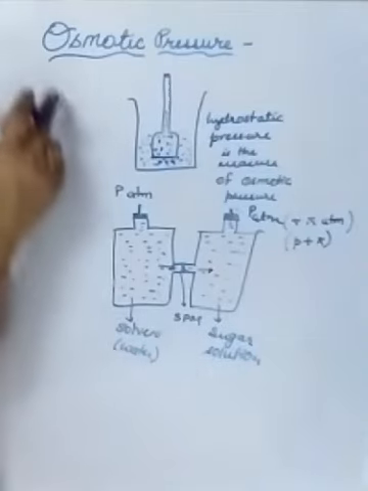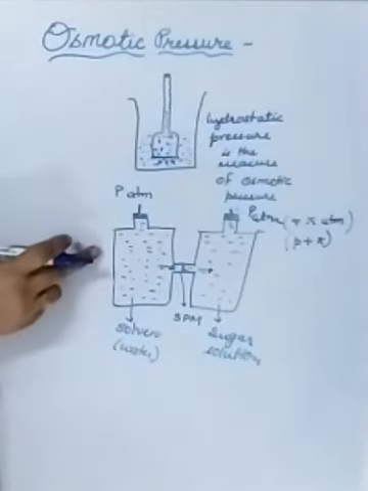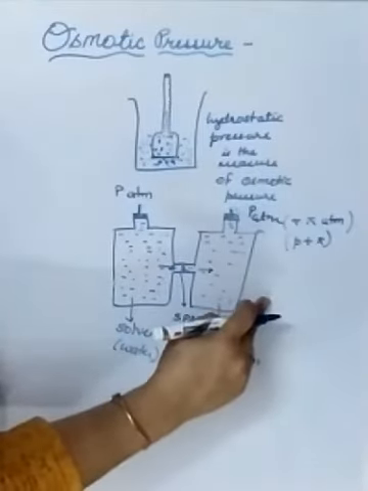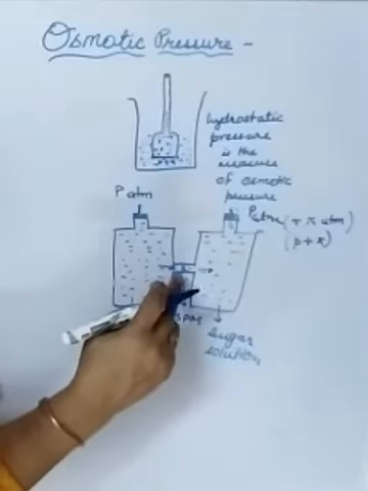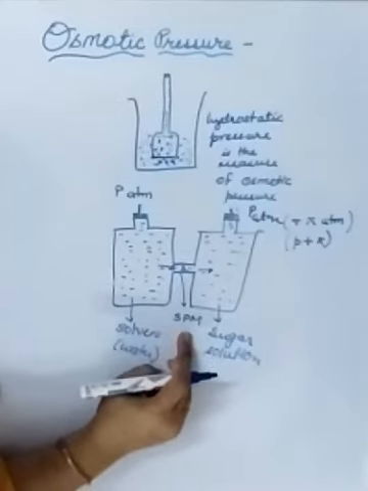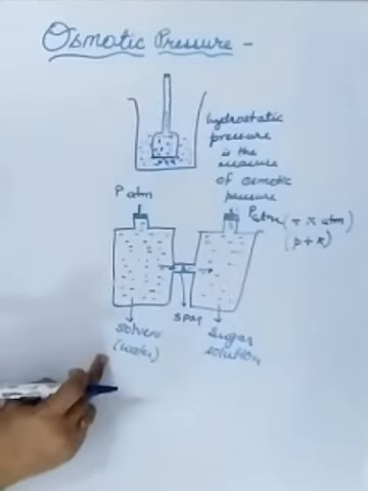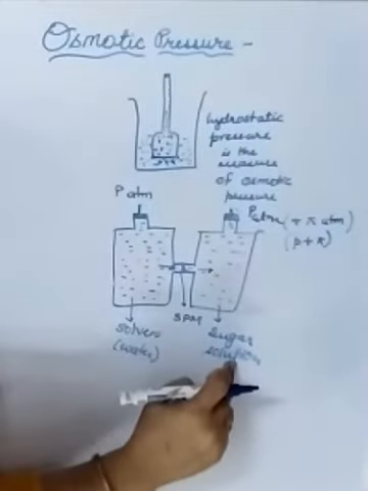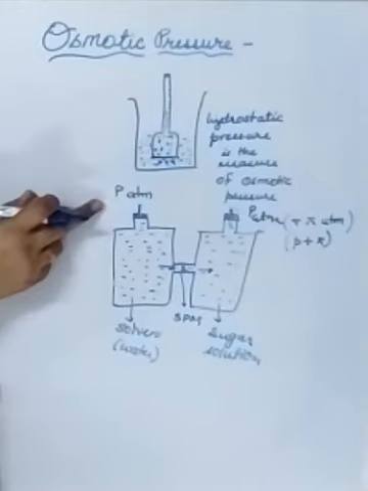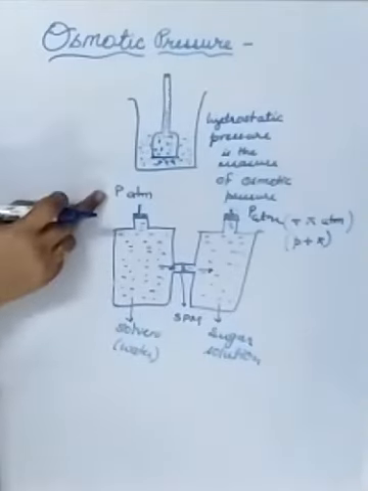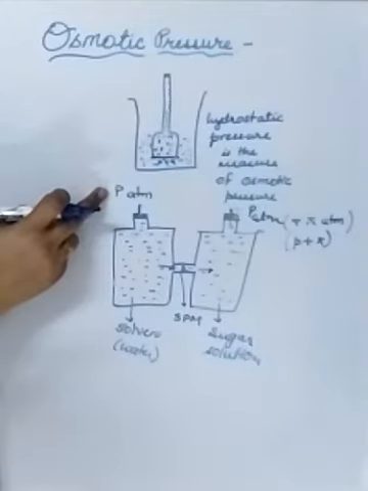So how will we define osmotic pressure? Just once more, we have carried out one experiment in which in one vessel we have kept pure solvent, and in another vessel we have kept sugar solution. Both the vessels are connected through a tube in which we have fixed the semi-permeable membrane. Osmosis occurs from the solvent side to the sugar solution, low solute concentration to high solute concentration, and we have fixed one piston on both the vessels which is applying P pressure over both.